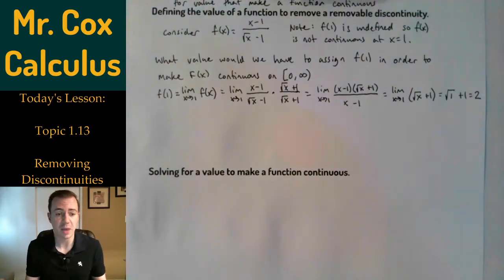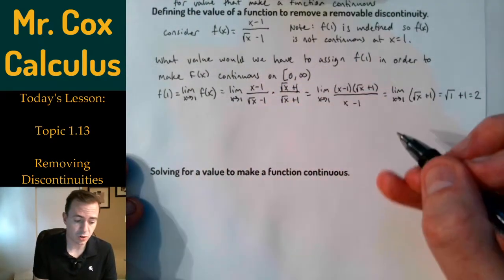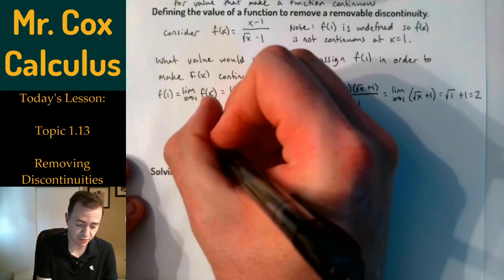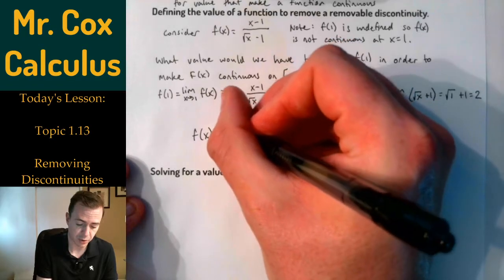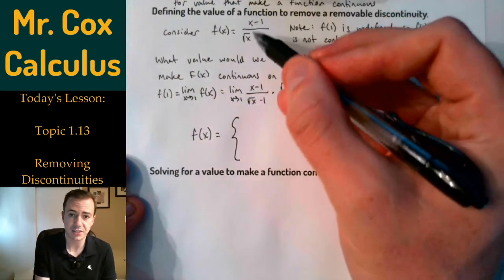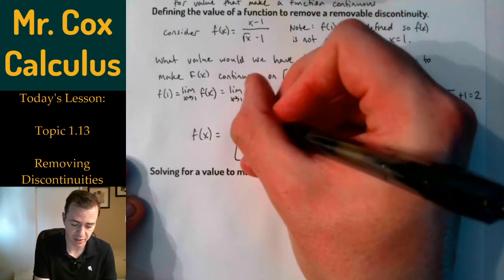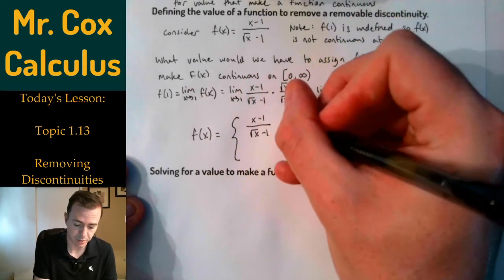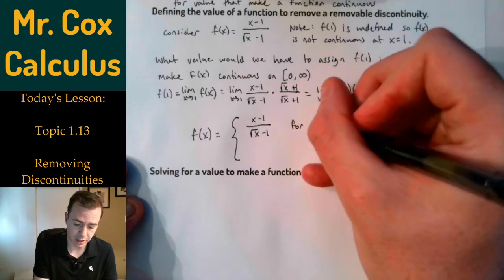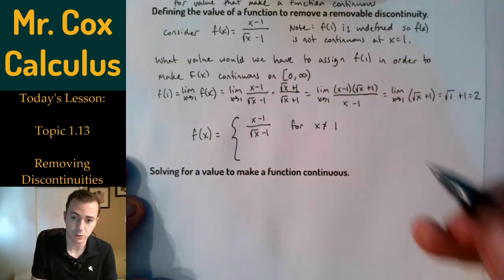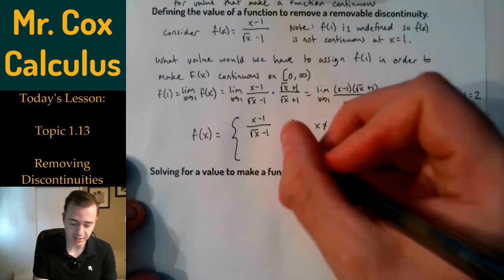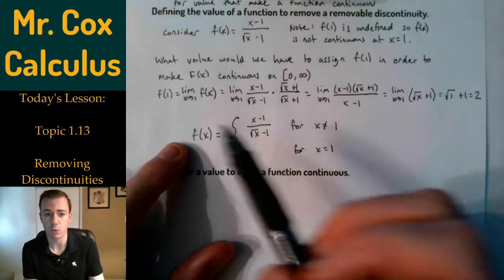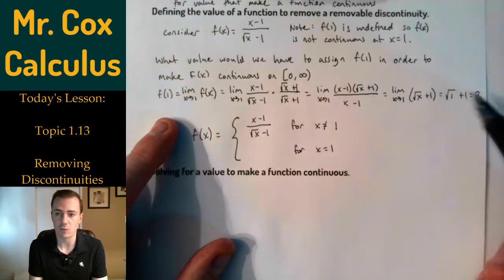And so what this might look like in order to make f of x continuous is I could redefine f of x as being a piecewise function. I could let it still be this piece of x minus 1 over the square root of x minus 1 for all x not equal to 1. But for x equals 1, what we really just solved for is I need to let f of 1 equal 2.